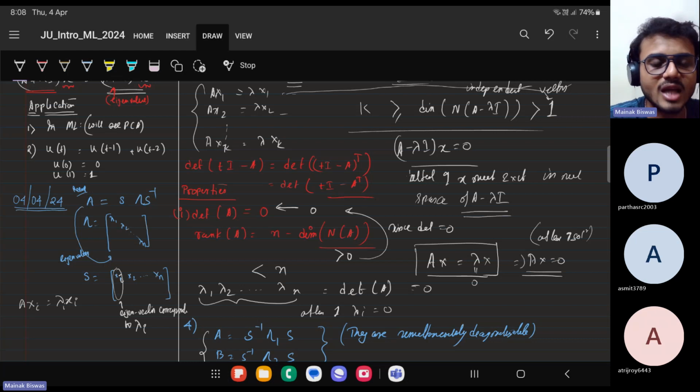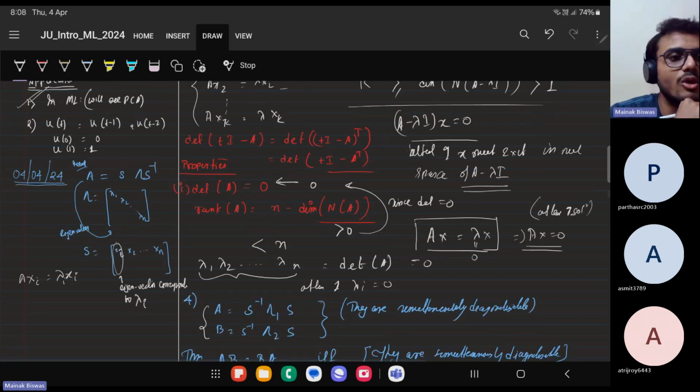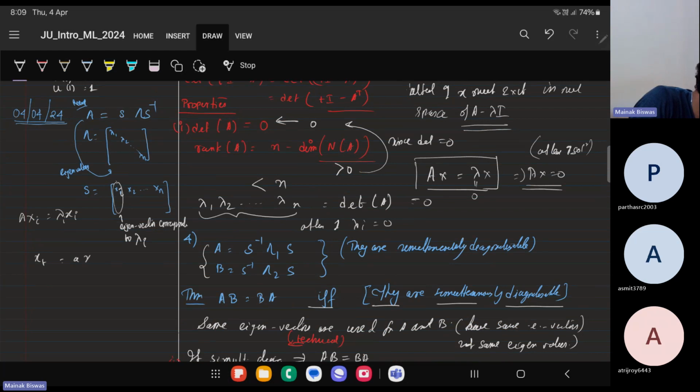Now I'll show you an interesting application. We'll do this in machine learning as well, and we'll see this in PCA, but I'll show you another very interesting application. The first day, you may recall, I did the gambler's ruin problem and we used x to the power t as a solution to a difference equation of the form xt equal to a x(t minus 1) plus b x(t minus 2).